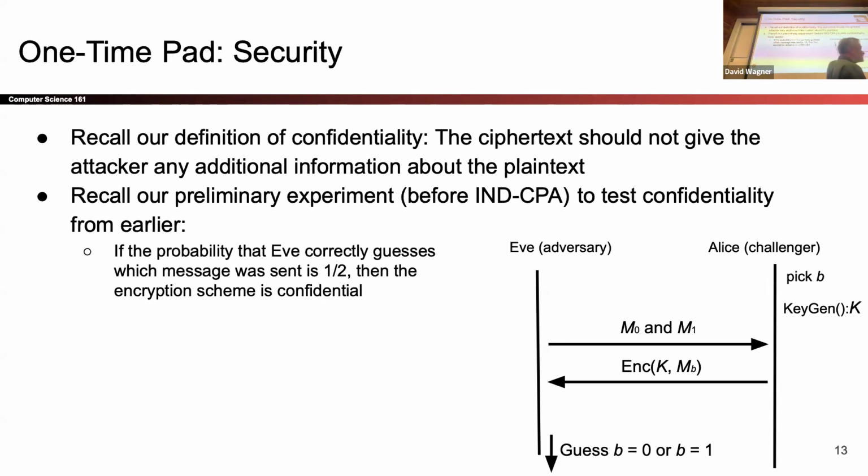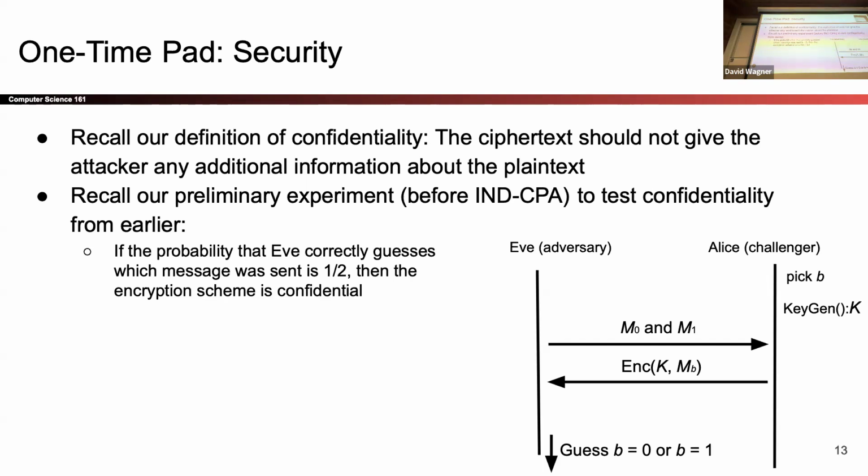Because out of all the 2 to the n possible keys, we're choosing uniformly at random among all 2 to the n possible keys. So each of those possibilities for the key has the same probability of occurring, 1 over 2 to the n. So the probability that the key is M0 XOR C is 1 over 2 to the n, and the probability that the key is M1 XOR C is 1 over 2 to the n.